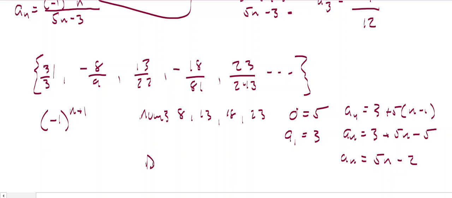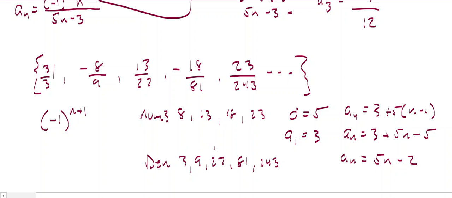Now let's consider the denominator. In the denominator, we have the numbers 3, 9, 27, 81, 243. Well, this strikes me as all being powers of 3. Powers of 3, 3 to the first, 3 to the second, 3 to the third.